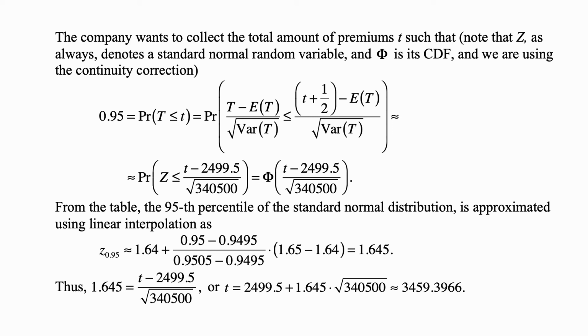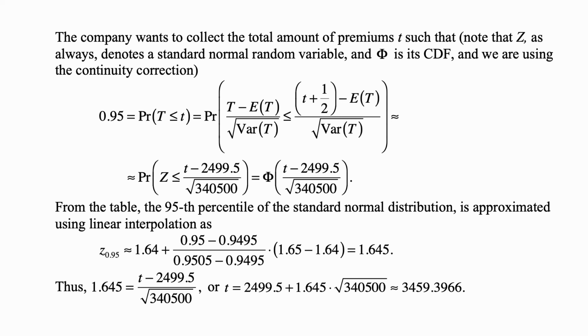Of course, from the table, the 95th percentile of a standard normal distribution can be found. I approximated here from the paper table numbers, and it's 1.645. You can actually almost memorize that that's the 95th percentile of a standard normal. It is 1.645. So this t minus 2499.5 over the square root of 340,500 must be equal to 1.645.